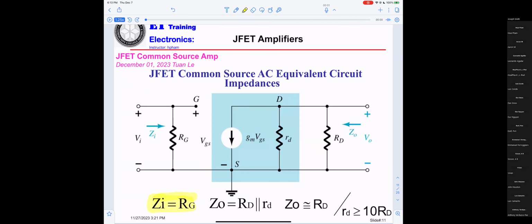G out, this one here, I already told you we don't do anything with this guy. So this one is not used. If you get a G out in this case, you get only RD.